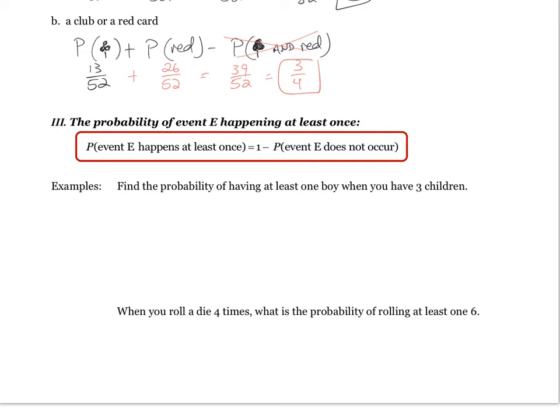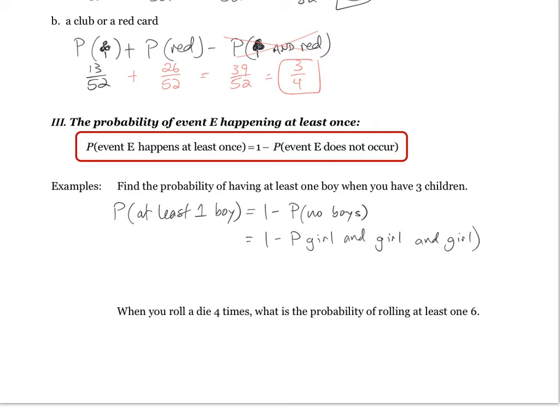So finding the probability of having at least one boy when you have 3 children, at least one boy. So let's write that out. We have the probability of at least one boy is equal to 1 minus the probability of no boys, which would mean the probability of a girl times and a girl and a girl.